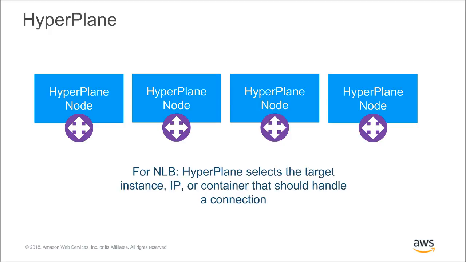For NLB, Hyperplane just selects the target instance or IP or container that should handle the connection, right? So if you're using a network load balancer, that's also a Hyperplane resource, and when it gets connections, it just decides which backend they should go to.